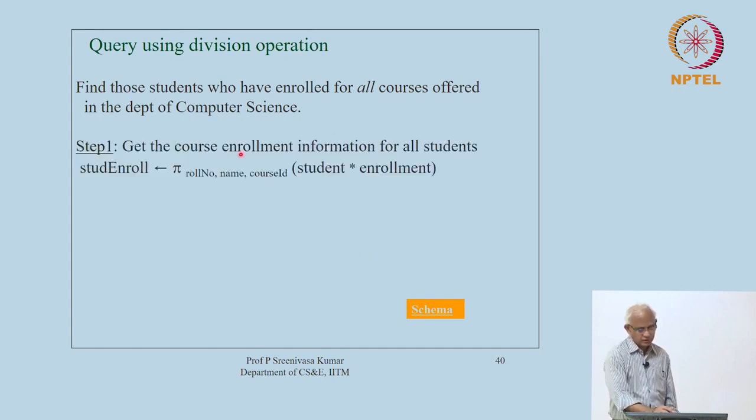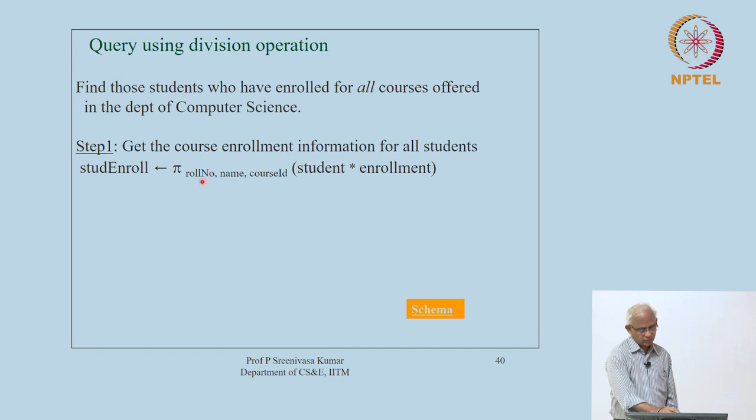So get the course enrollment information for all students. Where do you get this? You get it from the enrollment relation. So, I want to take a natural join between student and enrollment. In fact, I do not actually need this because enrollment itself has roll number.